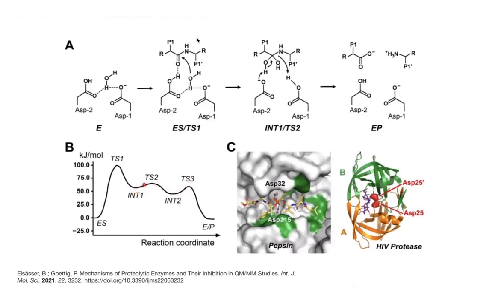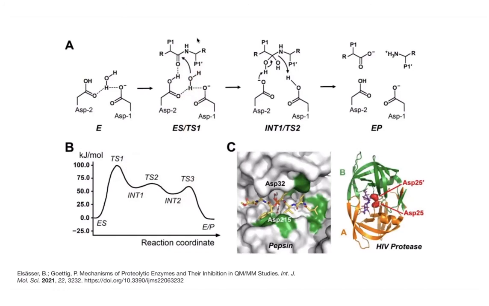Remember that the intermediates are going to be our valleys, and the transition states are going to be the peaks. And you can quickly get into these more complicated transition state diagrams, but the one that has the highest free energy change is going to be the one that's rate determining. So we can see that the first attack of the water is going to be the rate determining step, but the aspartates are going to make this actually possible.